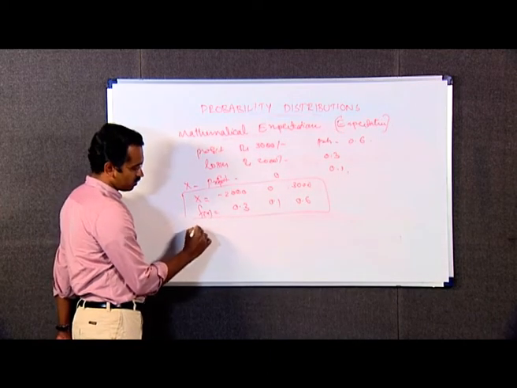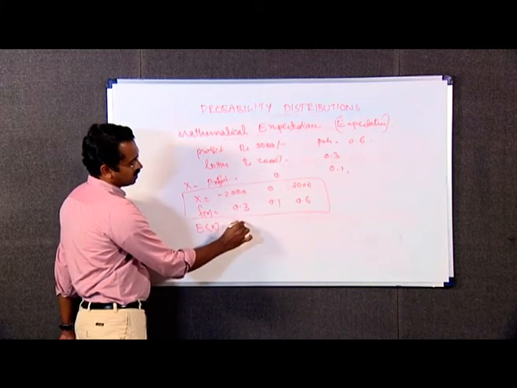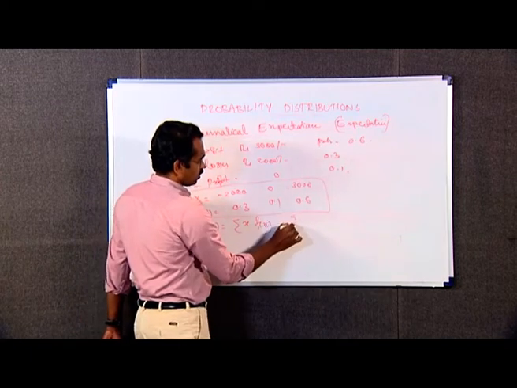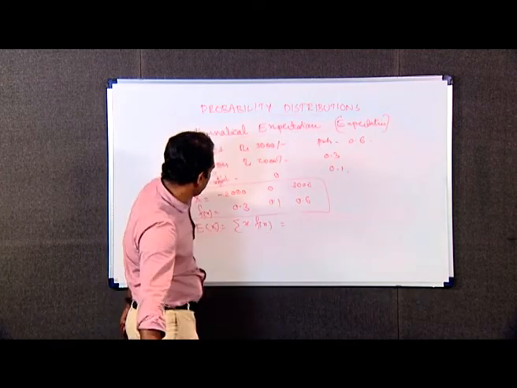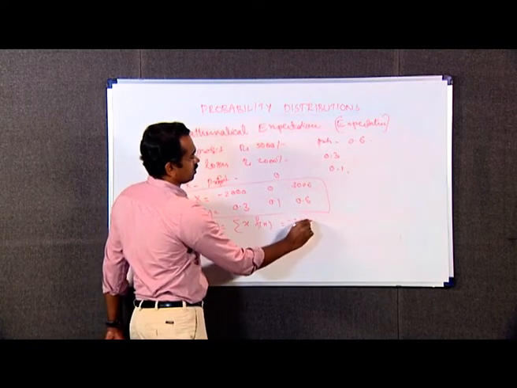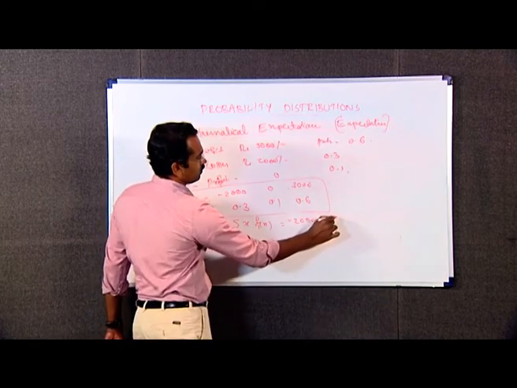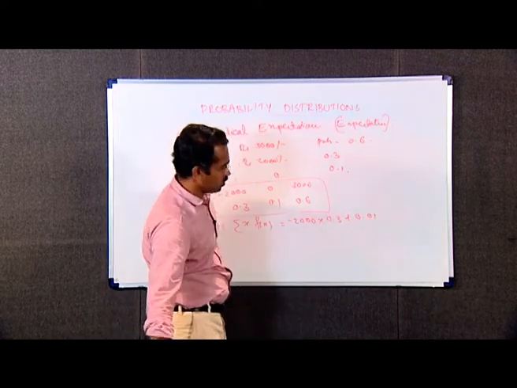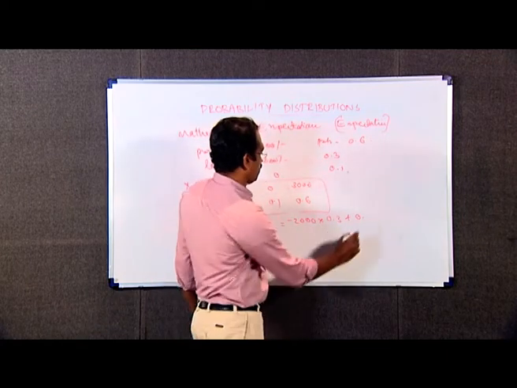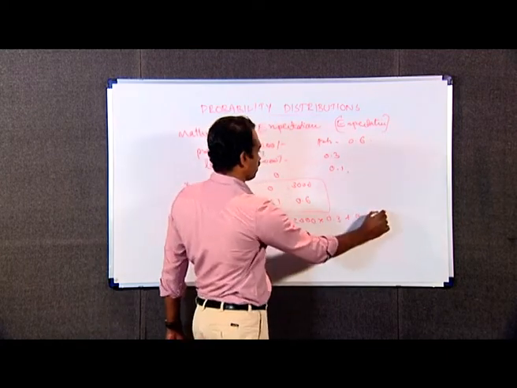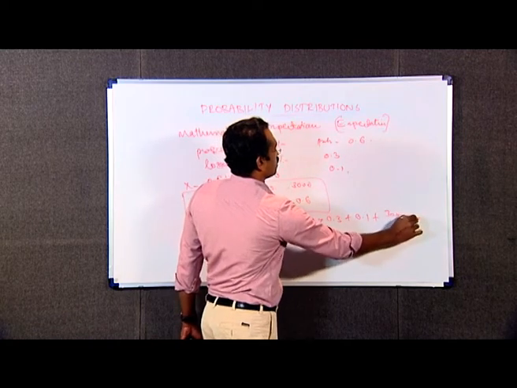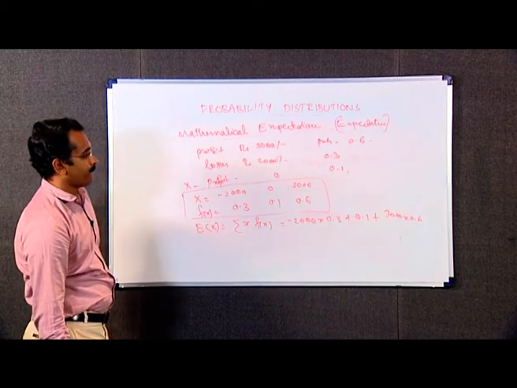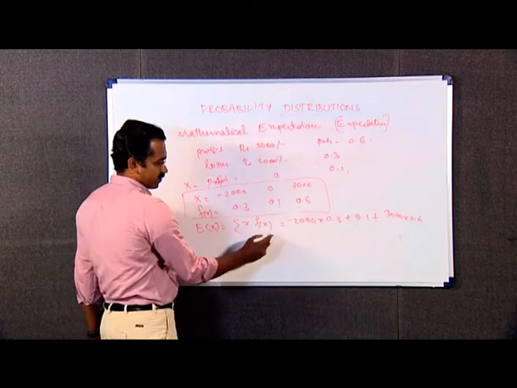Now we have to calculate the expected profit, that is E of x, as the summation of x into f(x). That is equal to minus 2000 into 0.3, plus 0 into 0.1, plus 3000 into 0.6. Here we used the definition of expectation.